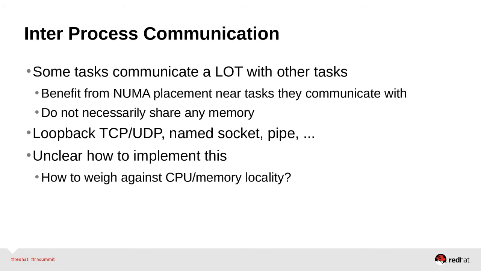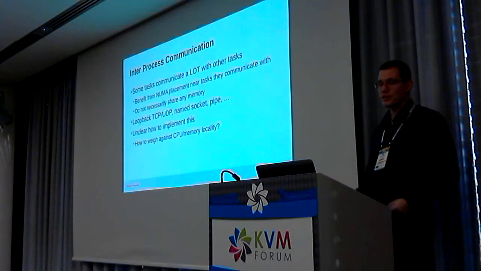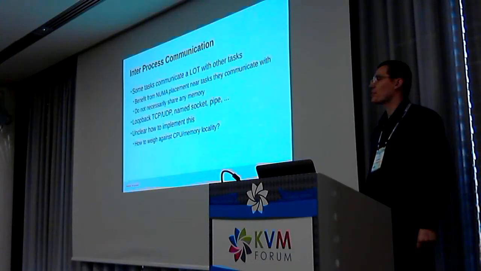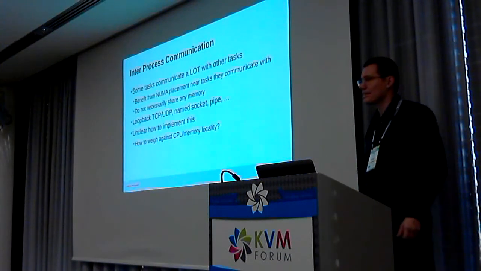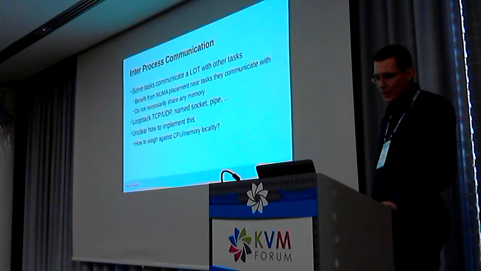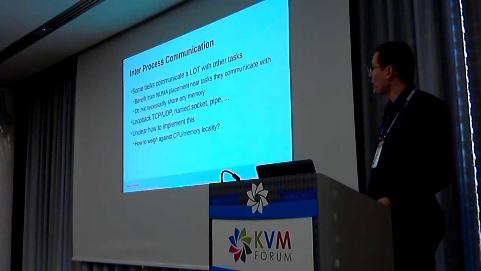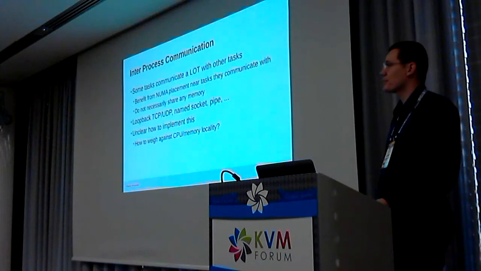Inter-process communication is another area where different tasks sometimes do a lot of communication with each other, usually across loopback network sockets or pipes, things like that. Again, we can measure how much different tasks talk to each other.